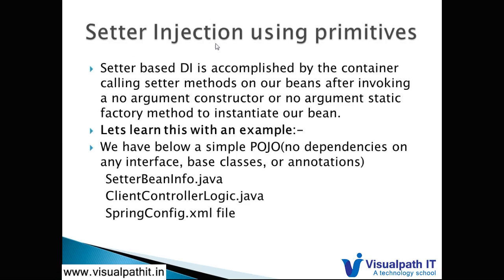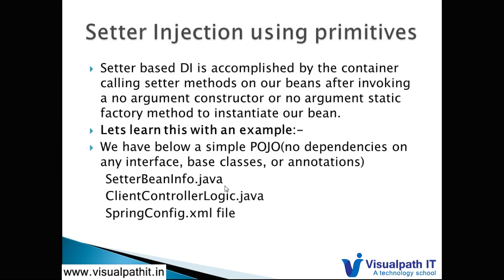One kind of dependency is the setter dependency injection using primitives. So let's neatly understand this setter injection using primitives with a neat example. For that we need to have a setter bean info.java.